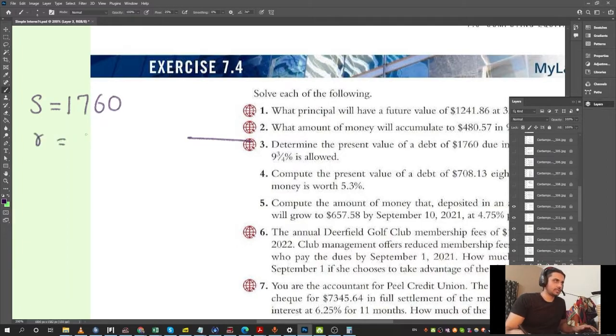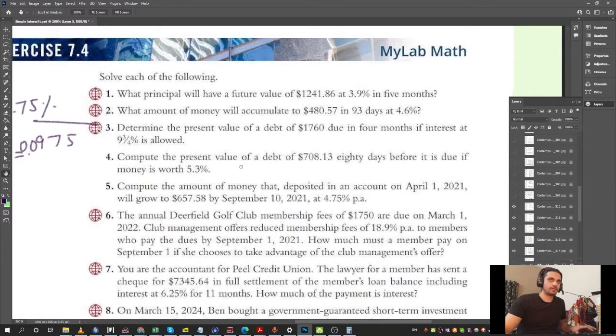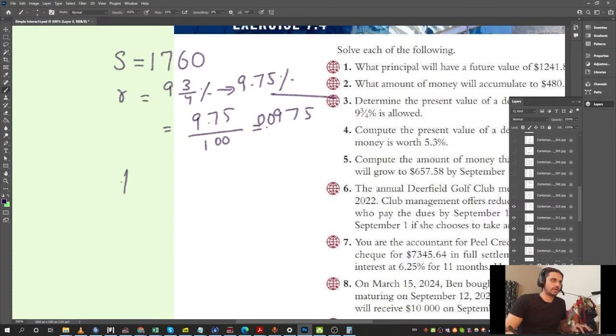The R is 9.34%, which can also be written as 9.75 over 100, which can also be written as 0.0975, and then you finally have your amount of time, which is 4 months. Time equals 4 months. We can write it as 4 over 12, so 1 over 3, right?